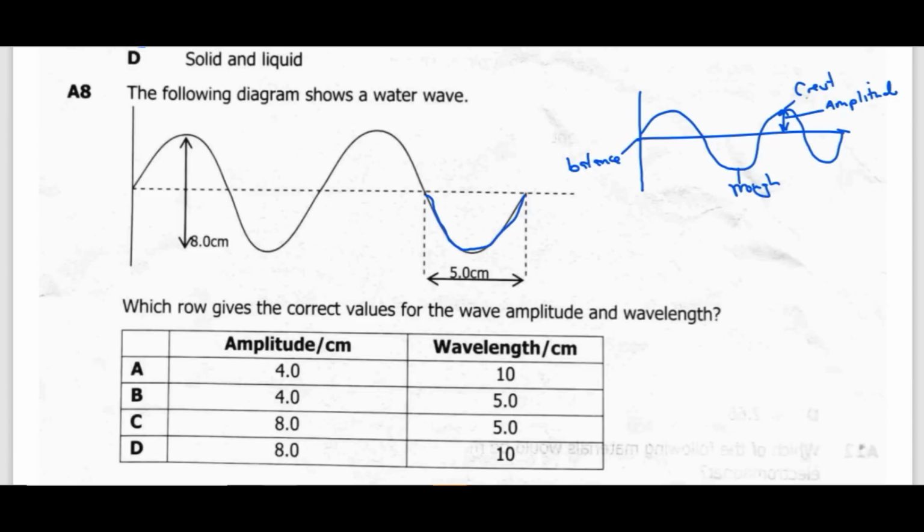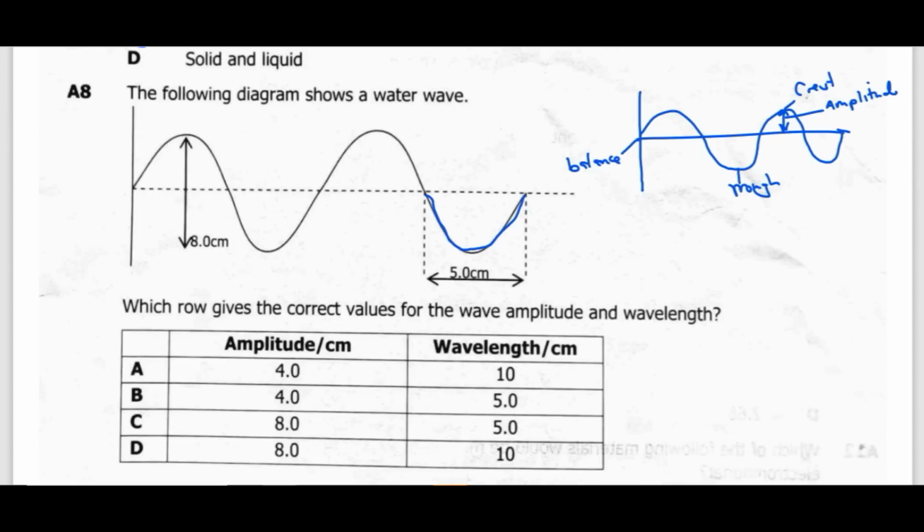Amplitude and wavelength. We have 4, which is the amplitude, and then the wavelength is 10. Okay, so we can move.